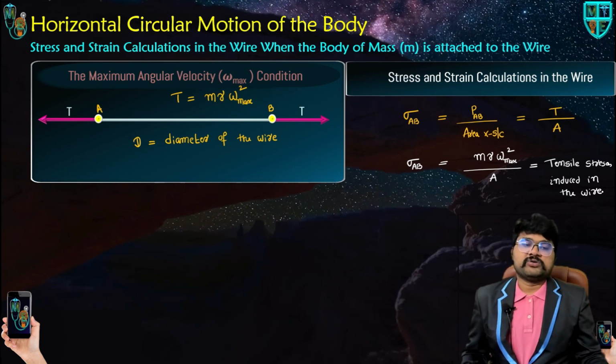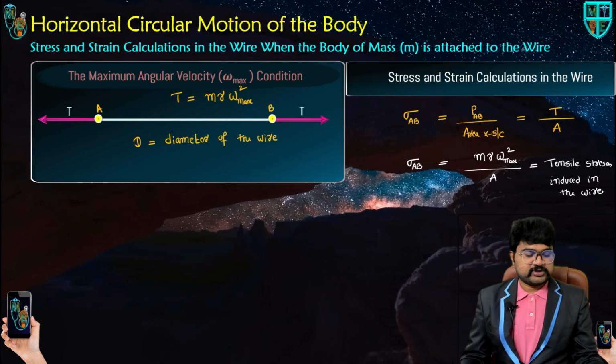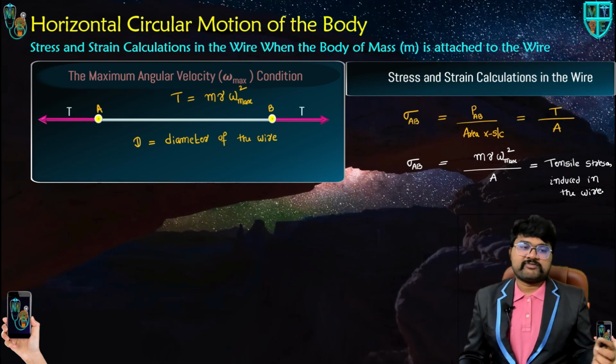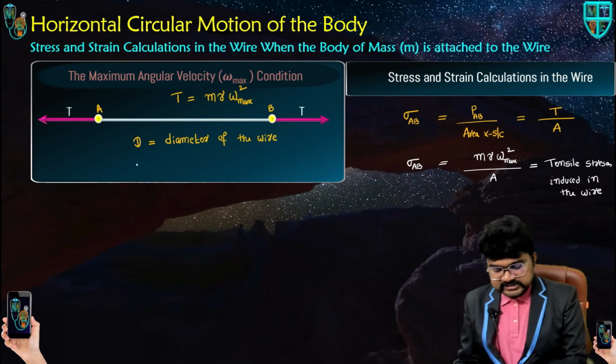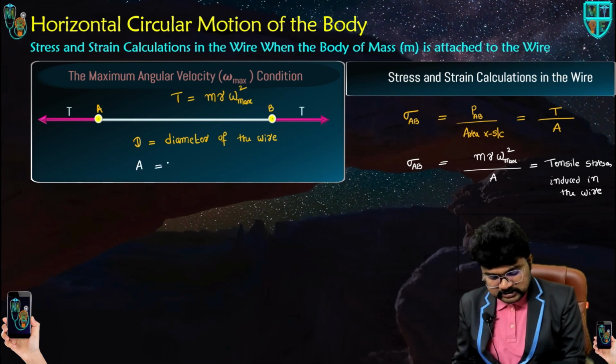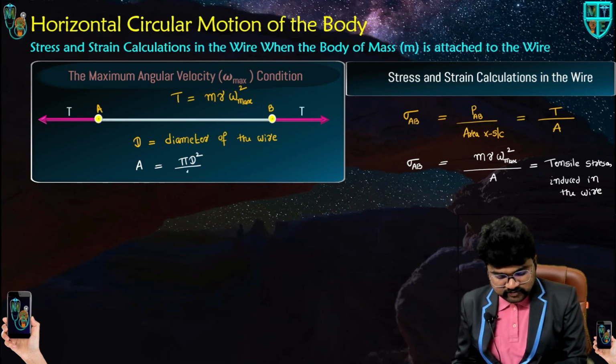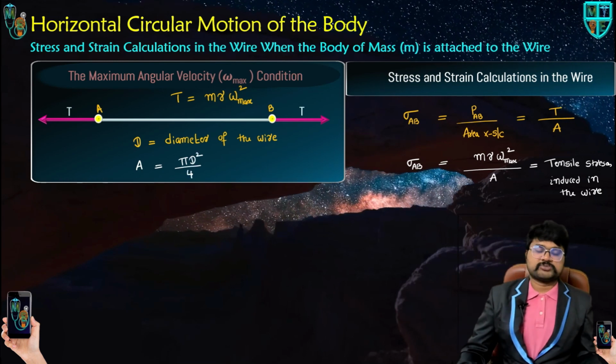Sigma AB equal to m r omega maximum square by A. Omega maximum is the maximum angular velocity of the body. A is nothing but the circular cross section of the wire, pi d square by 4. If you are interested, you can substitute.